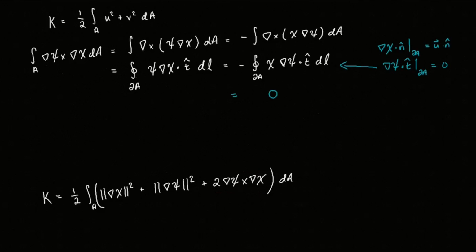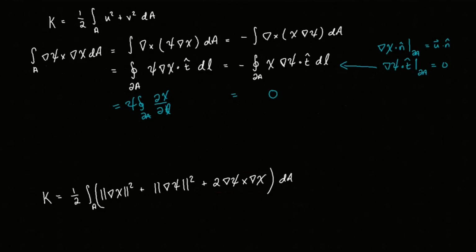The other one's a little bit trickier, but because psi is a constant, I can pull it out of the integral, and I'm left with grad chi dot t hat integrated over a closed loop. Now this is just the derivative of chi along the boundary.